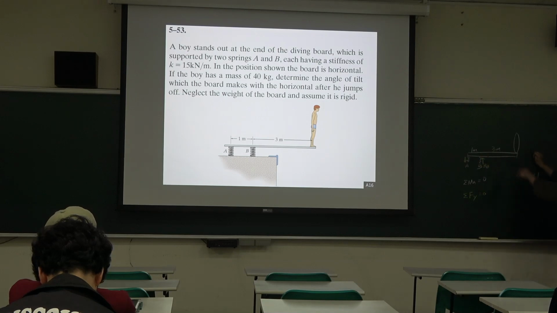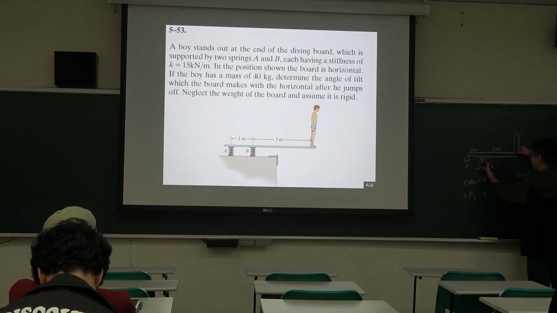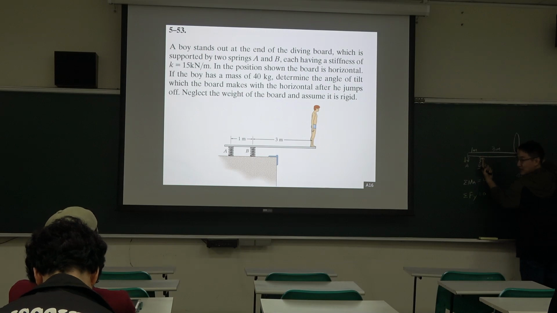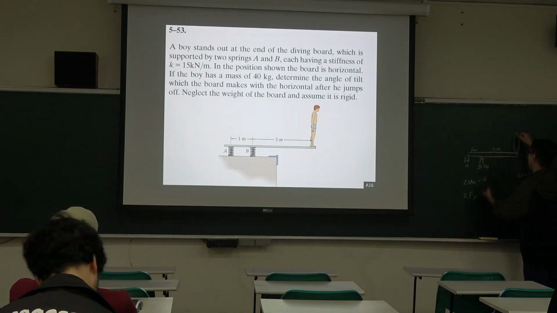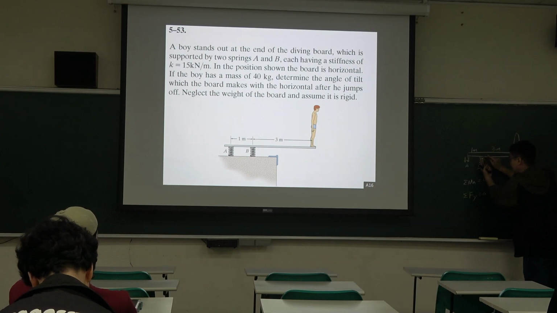When it's horizontal, that means this person stands here, so it provides a reaction this way. And when he jumps, that's the opposite. Because we compress it, so it provides a reaction here. So when he jumps, this compression is not there anymore.